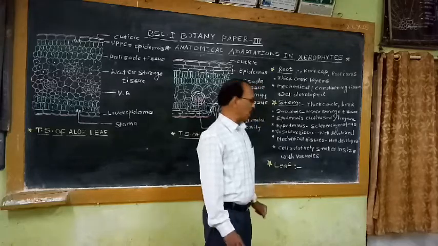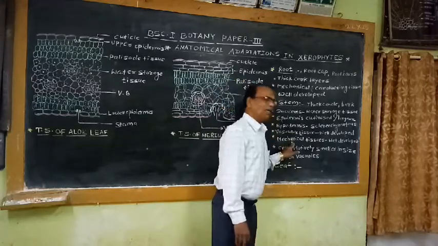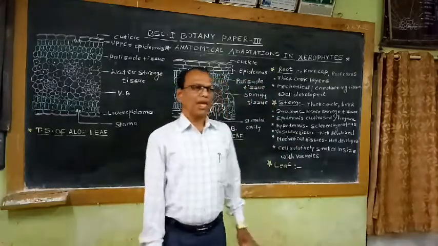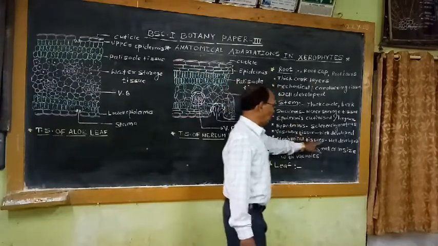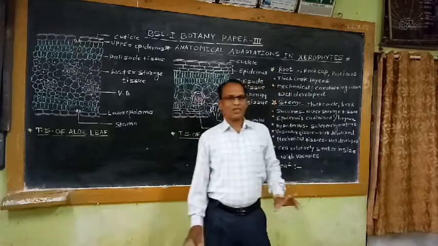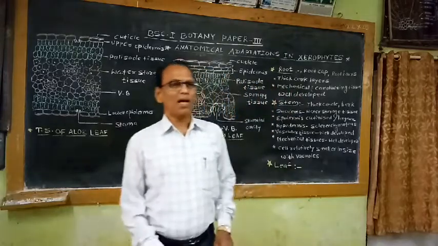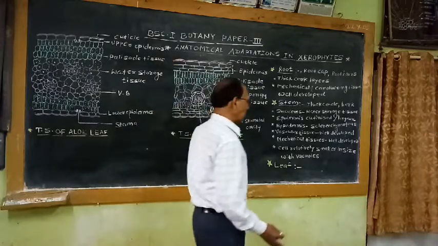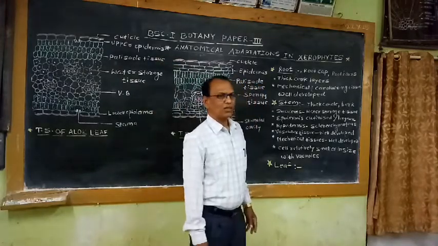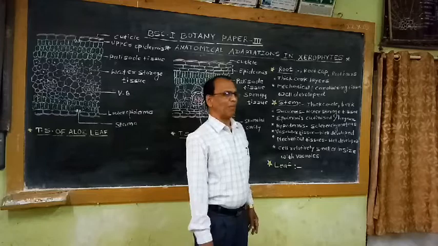Then if we observe the mechanical tissues, like the root, the stem also possesses well developed mechanical tissues. If organs are herbaceous, collenchyma and sclerenchyma mechanical tissues are there. If organs are woody, for example stem and root, these are the woody organs which are generally found in perennial plants.